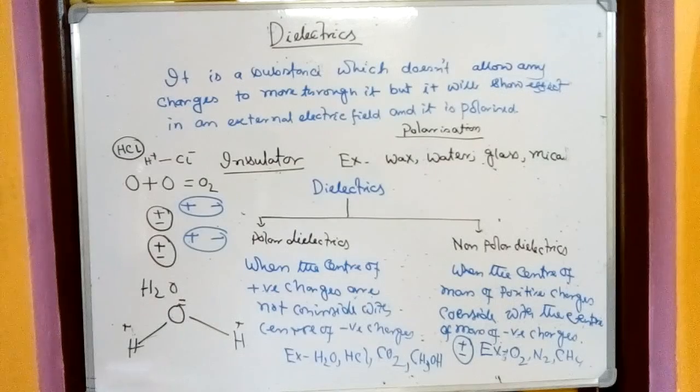Number one, there is an inbuilt pole, positive and negative pole inside the molecule, and in non-polar dielectrics the pole is absent, because here the center of mass of the positive charges and the center of mass of the negative charges coincide with each other. Okay, so I think the idea of dielectric is clear.